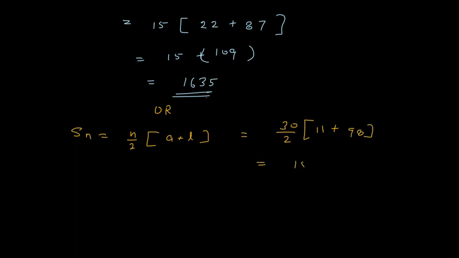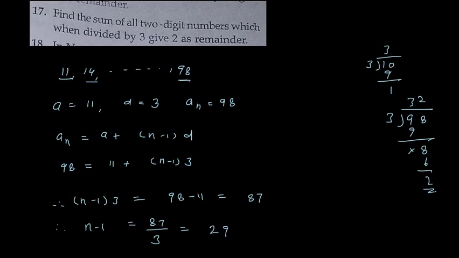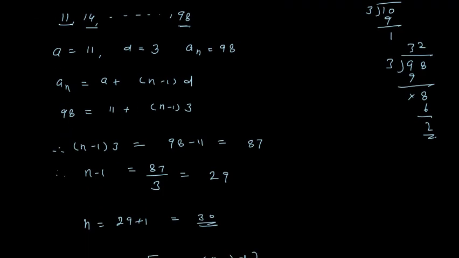So it is 15 into 109. So 15 into 109, the same thing we are getting here. So it is 1635. Okay. So any formula you use, either n divided by 2 in bracket a plus l, or n divided by 2 in bracket 2a plus n minus 1 d.